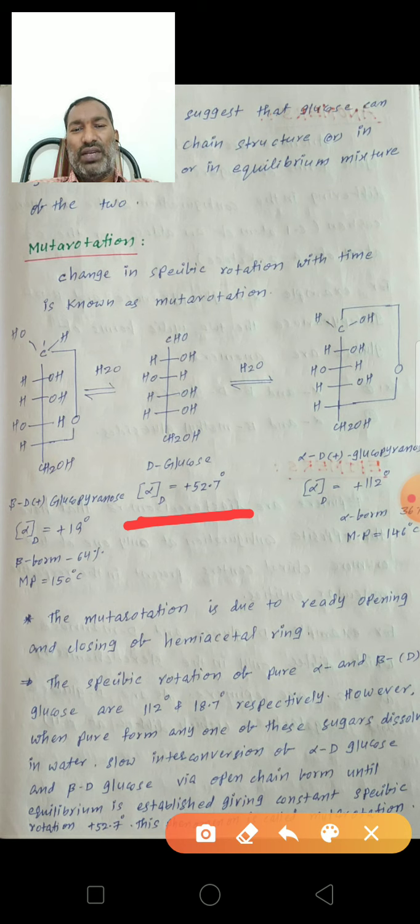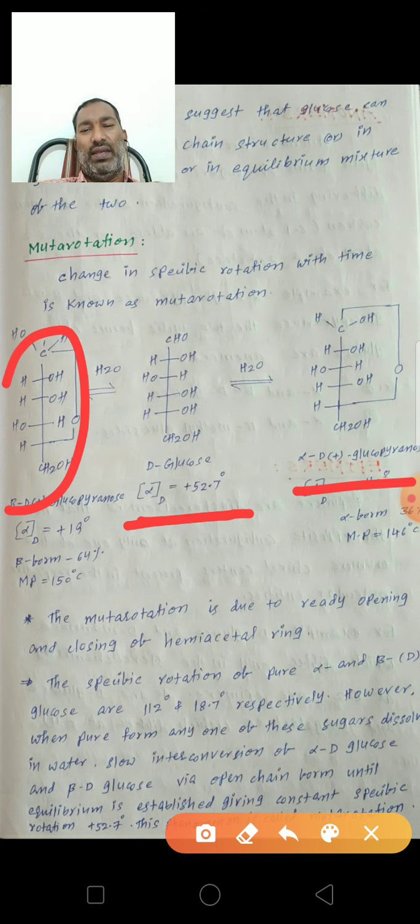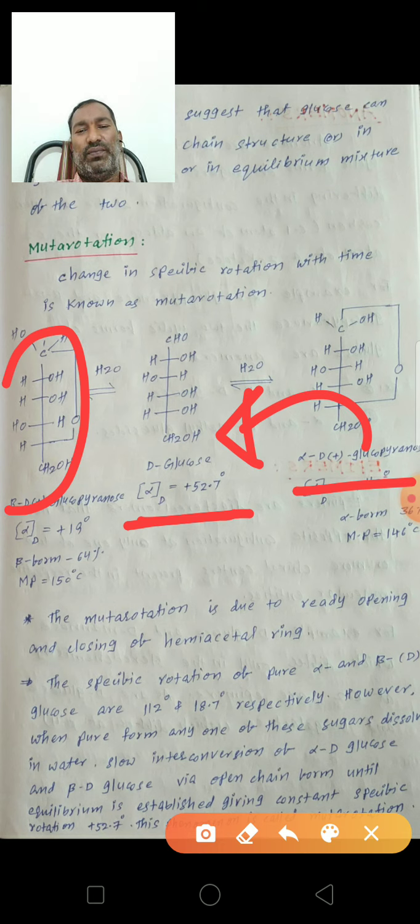The mutarotation is due to the ready opening and closing of the hemiacetal ring. This is the hemiacetal ring, and this is also a hemiacetal ring. If the specific rotation decreases from 112 degrees to plus 52 degrees, it is due to the opening of the hemiacetal ring.